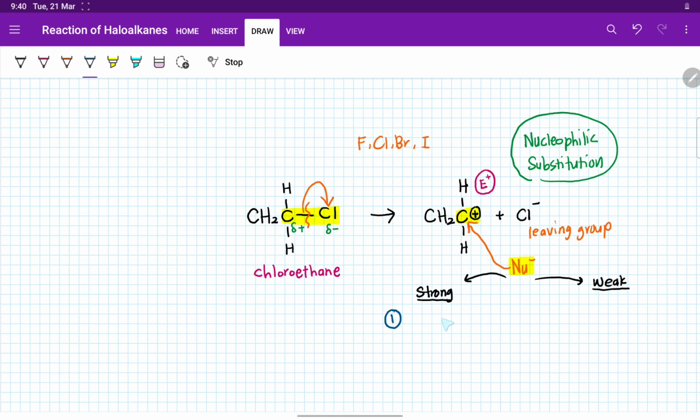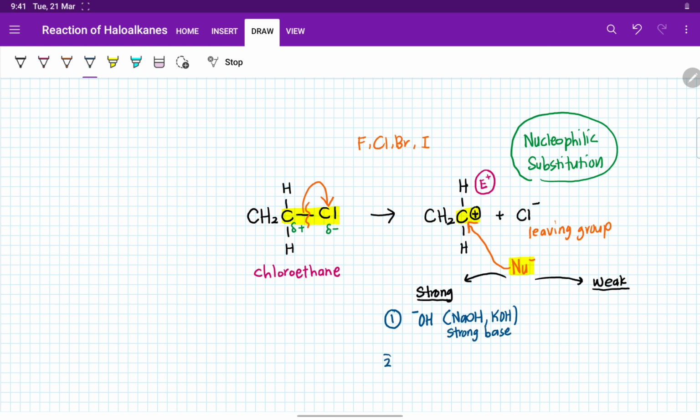The first strong nucleophile that we have is OH minus. Okay, so negative charge pada oksigen dekat sini. Mana datang kita punya OH minus? It will come from our strong base. So, jadi strong base yang kita selalu guna sama ada sodium hydroxide ataupun potassium hydroxide ataupun any other strong bases yang ada OH minus. So, nucleophile sebenar dia adalah OH minus dekat sini. Okay, itu yang pertama.